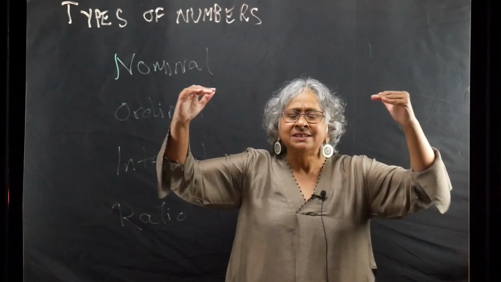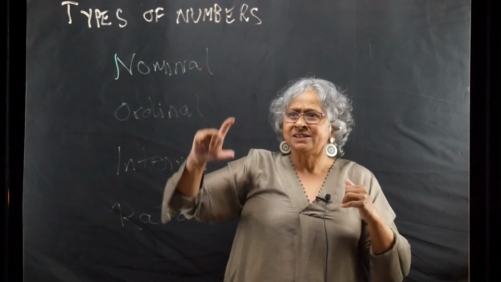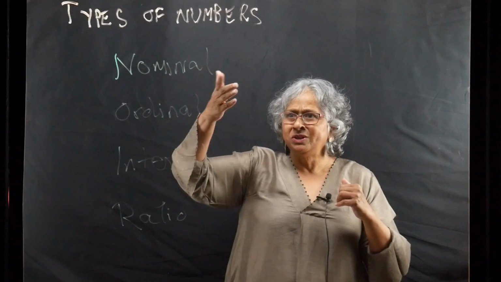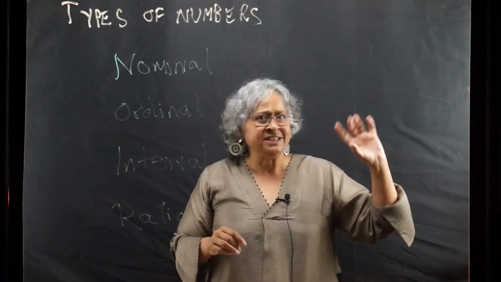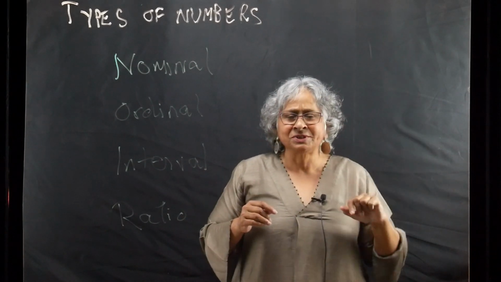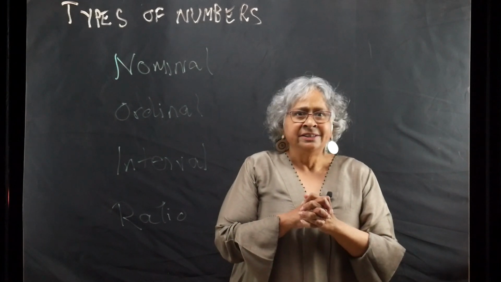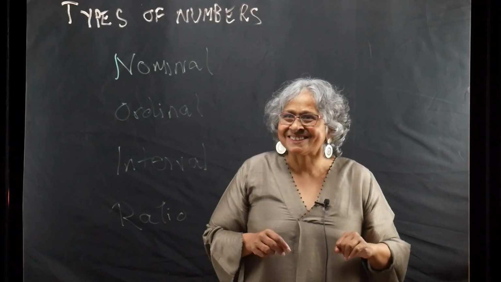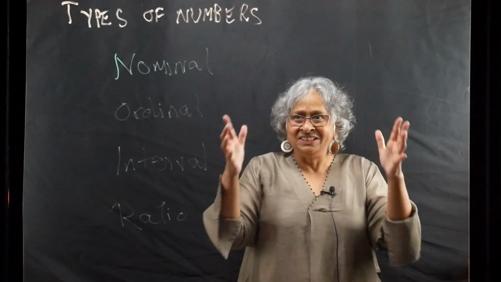What matters is the distance between 1 Fahrenheit, 2 Fahrenheit, 3 Fahrenheit, and so on. And on this side, it's the difference between 1 centigrade, 2 centigrade, 3 centigrade, 4 centigrade, and so on. They both measure temperature. Their zeros are set at different points. So you can see that this is an interval scale.